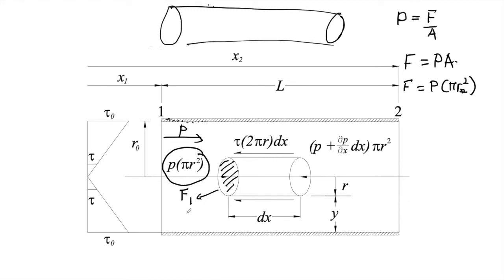I denote this as F1. If somebody pushes the box in this direction, there is another force that acts against this force. So if there is a force here, there will be another force here.